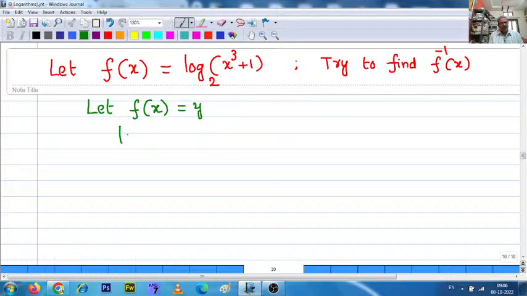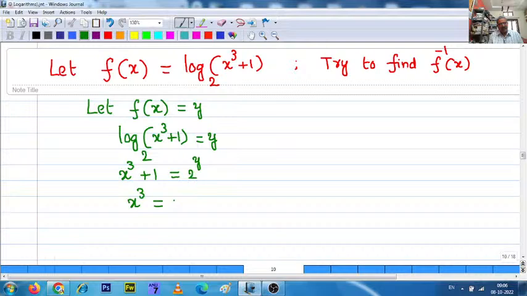That means log of x cube plus 1 to the base 2 equals y. This is a logarithmic function, and it can be converted into exponential form. So x cube plus 1 is equal to 2 raised to y. Now x cube is equal to 2 to the power of y minus 1.